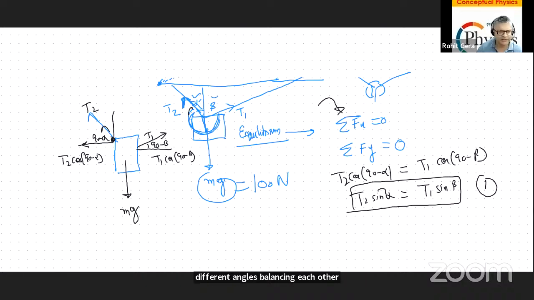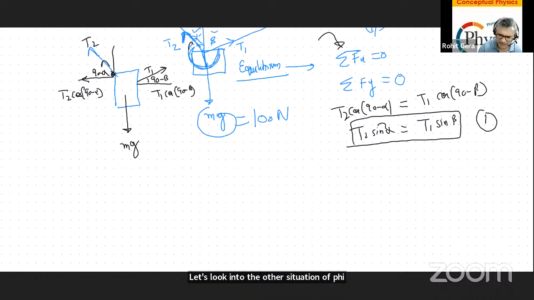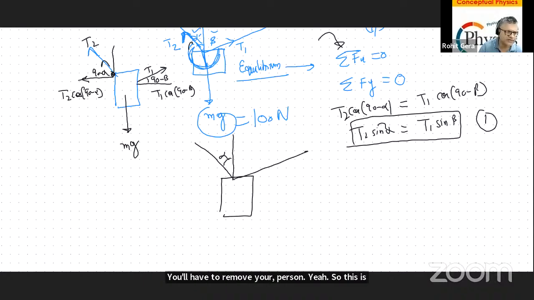Let's look into the other situation, the y-axis. Weight also needs balancing. I use the same concept; my angle was this, with the vertical, alpha. This is beta. This is T2, this is T1. So this will become horizontal now.